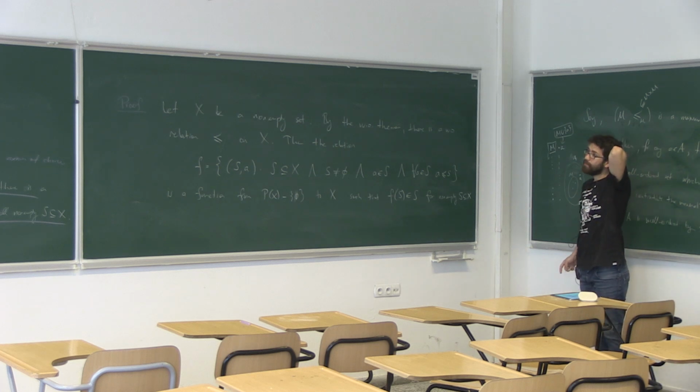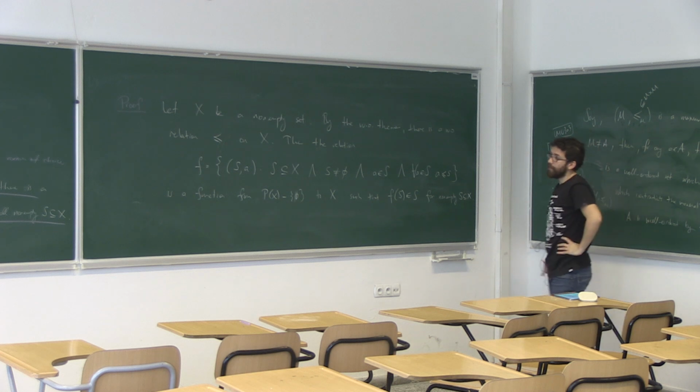So let's understand this. I have this non-empty set X. I have a well-order on it because I assumed the well-ordering theorem. I define a relation.